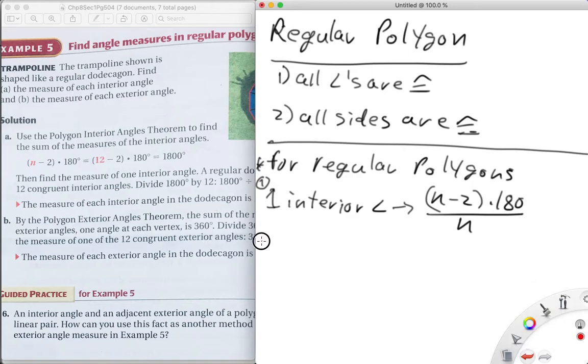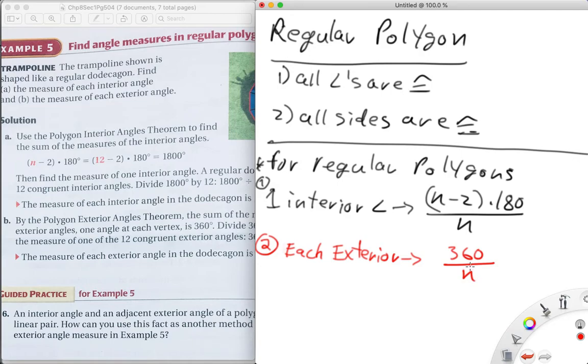The other equation is if I have a regular polygon, I can find each exterior angle. I know that the sum of exterior angles is 360 degrees, so I would divide 360 degrees by the number of sides.